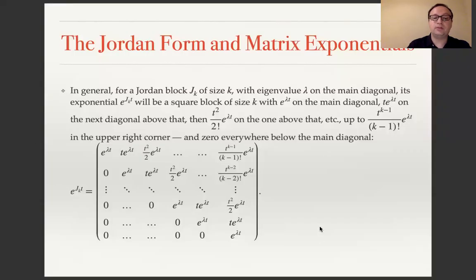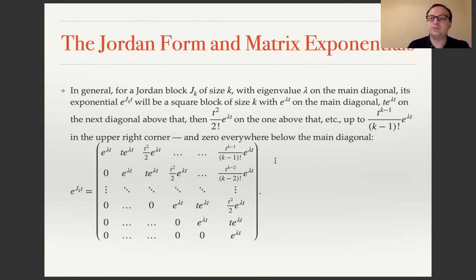So in general, one can use this sort of formula to take the exponential of any Jordan block, and therefore of any Jordan matrix, because it's just made of Jordan blocks on the main diagonal. So the exponential of a Jordan block has e to the lambda t on the main diagonal, t e to the lambda t on the diagonal immediately above that, and then t squared over 2 e to the lambda t above that, then t cubed over 3 factorial e to the lambda t above that, etc., all the way up to, in the corner, t to the k minus 1 over k minus 1 factorial e to the lambda t.